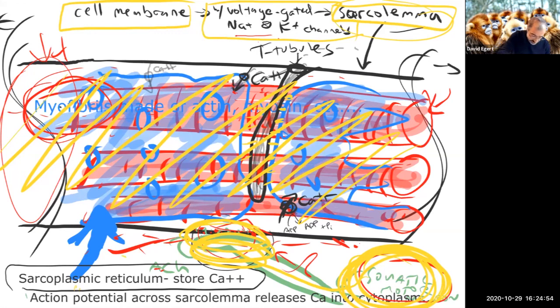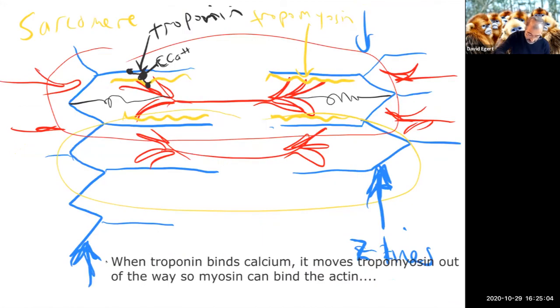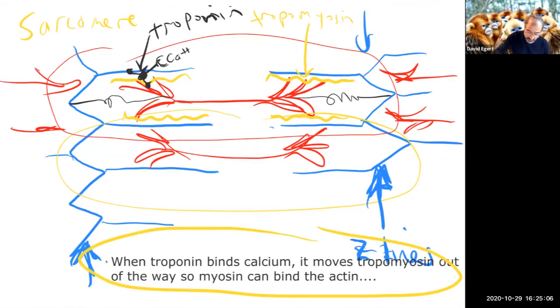That is going to then cause the sarcoplasmic reticulum to release calcium into the cell. As the calcium comes into the cell, it's going to bind the troponin, which moves the tropomyosin out of the way. And that means the myosin can grab onto the actin.